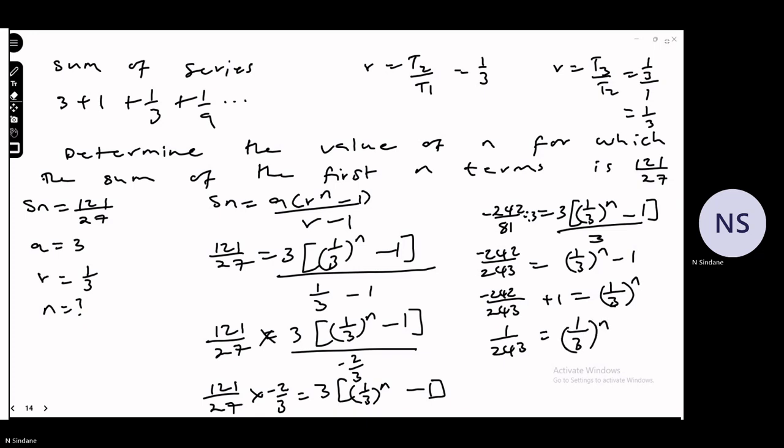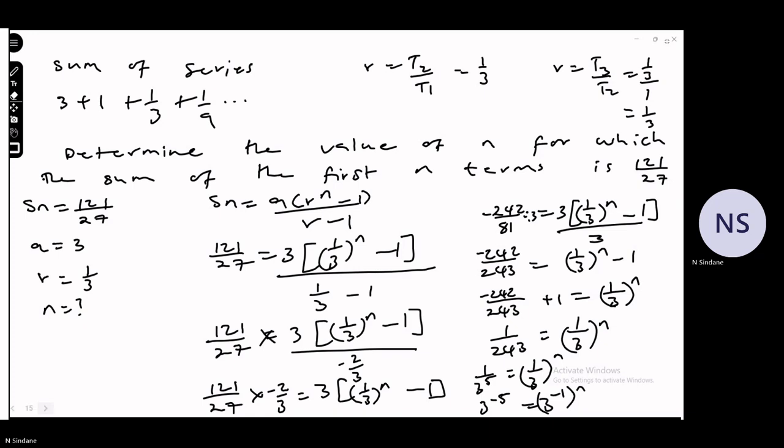Then change this to exponentials. This is 1 over 3 to the power what? 243 is 3 to the power 5, so 3 to the power 5 equals 1 over 3 to the power n. I can change this to 3 to the power minus 5 equals 3 to the power minus 1 in bracket n.